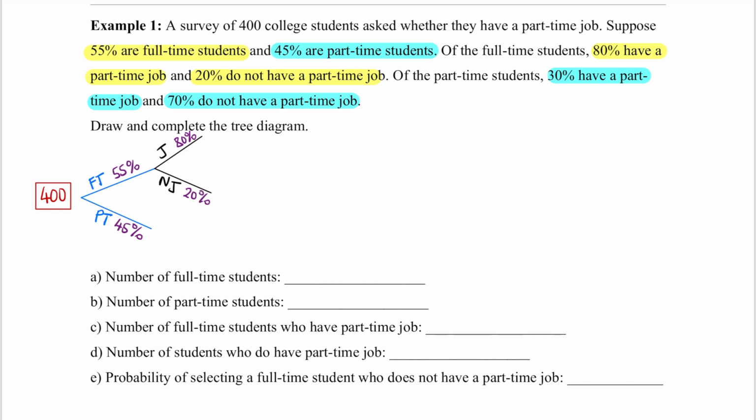Next, we do the same thing for the part-time branch. One branch is job, labeled 30%, and the other branch is no job, labeled 70%.